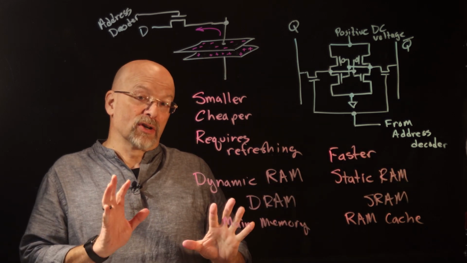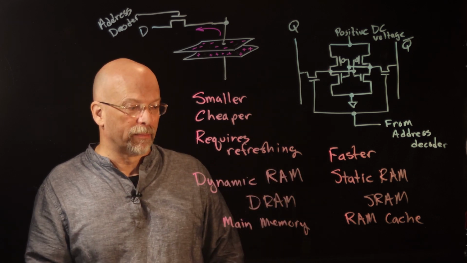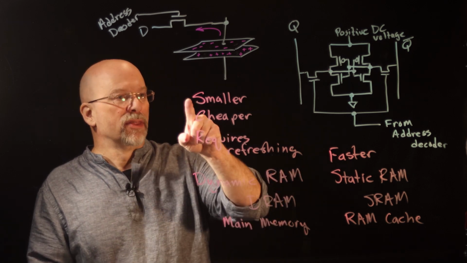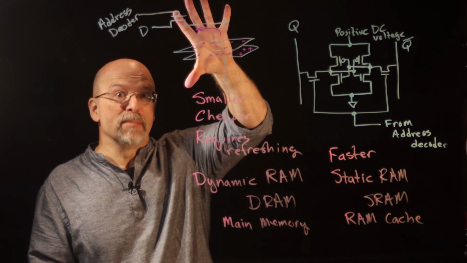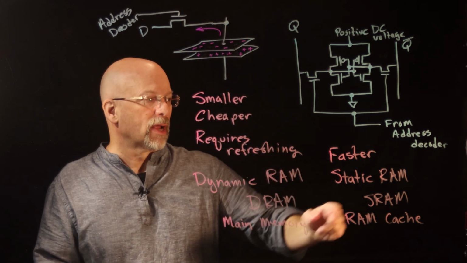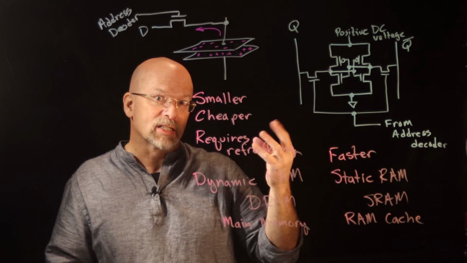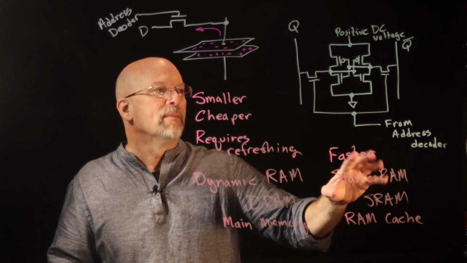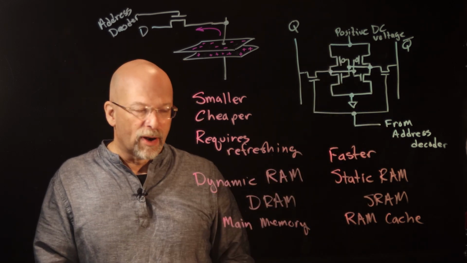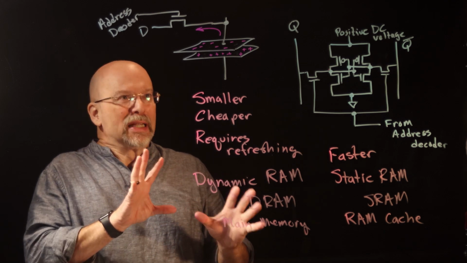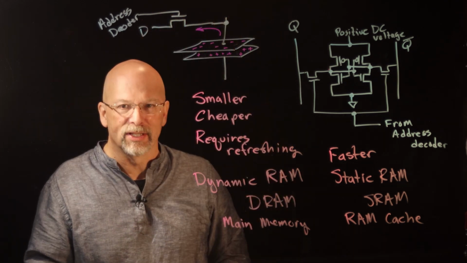The processor accessing main memory is accessing dynamic RAM. Once again, these guys, smaller, cheaper, and slower, means that it's going to be further down in the memory hierarchy. Faster, more expensive, a little bit larger because you can't have the same data density, means this guy is probably going to be closer to the processor. In a later episode, we'll talk a little bit more in depth about how the processor is interfacing with this DRAM.